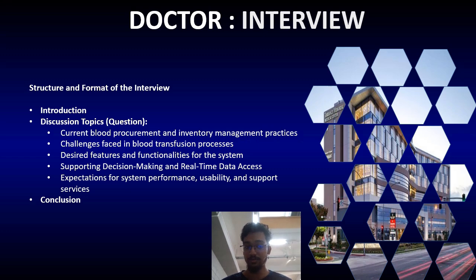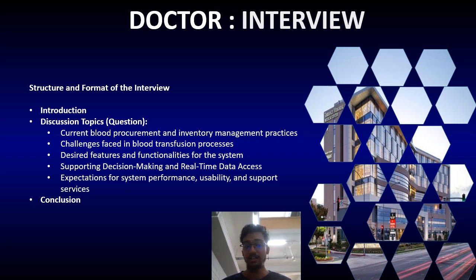Then we ask about desired features and functionality in the system we are building, that is the blood management system. For supporting decision making with real-time data access, we will ask whether it is important to have real-time data access in the system, and how it can help the doctor's decision making.